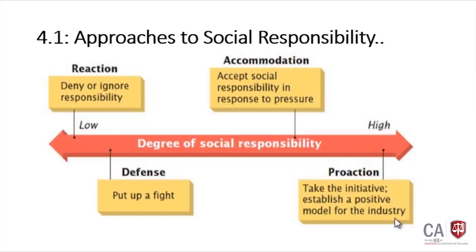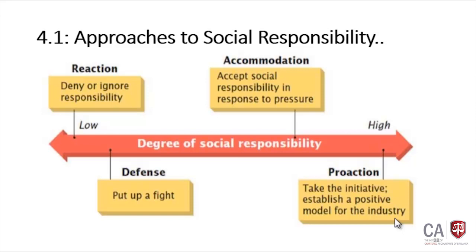Look at the degree of social responsibility. So what is the highest level? Proactive, no? Because without telling someone, you proactively take the actions. I gave an example earlier, that recycling. This accommodation is also a relatively good approach. When someone tells you, you start to adhere to that.